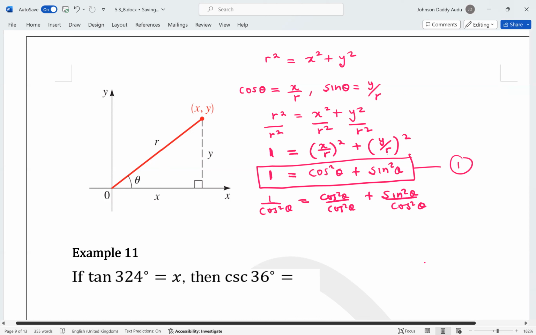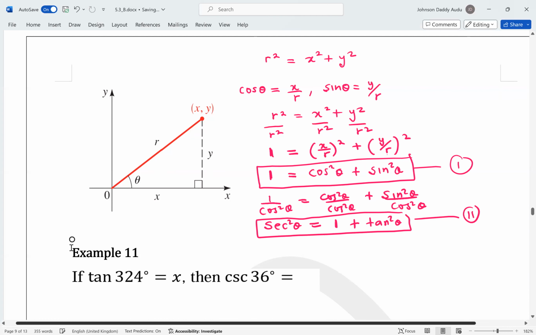It gives us sec squared theta, right? And cos squared theta divided by cos squared theta is 1, plus sine squared theta over cos squared theta is tan squared theta. So this is number 2.